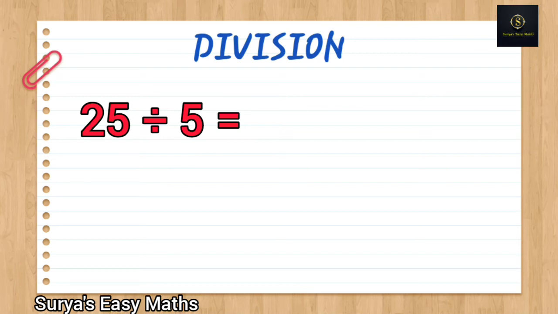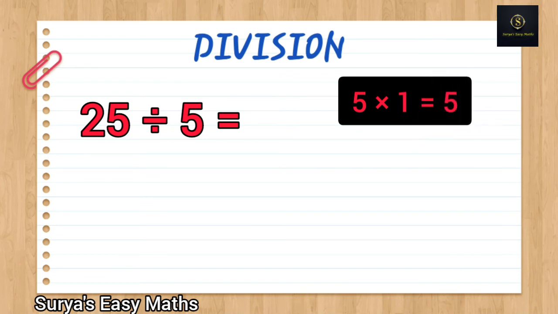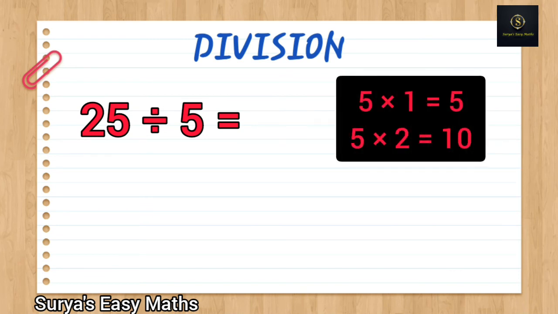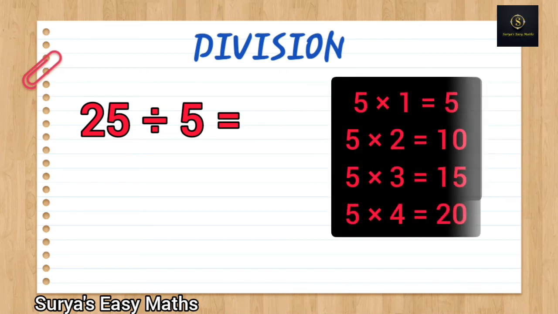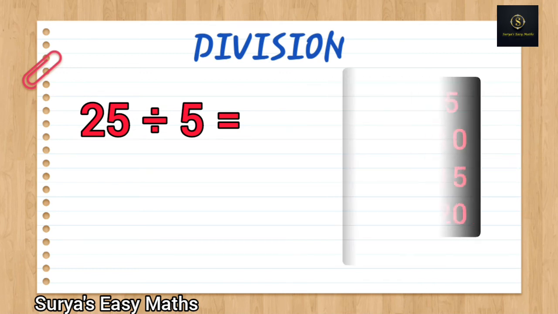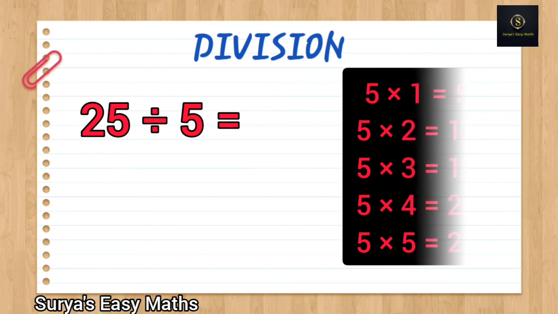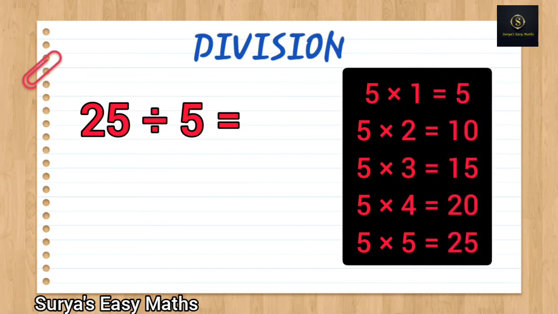Let's recall the table of 5. 5 ones are 5, 5 twos are 10, 5 threes are 15, 5 fours are 20, and 5 fives are 25. So here 25 comes in the table of 5 at 5 times. So the quotient is 5.